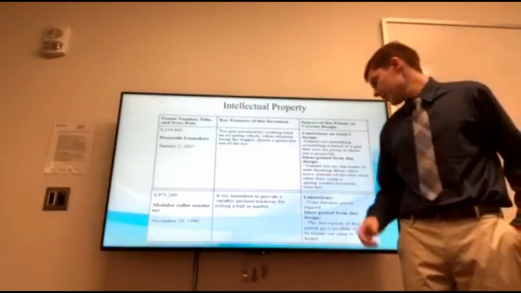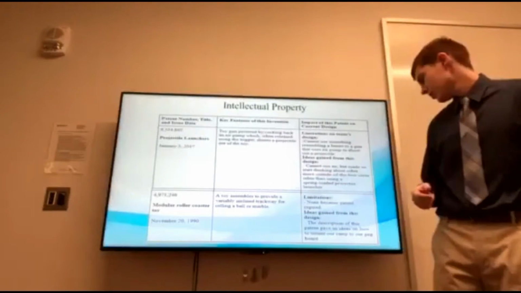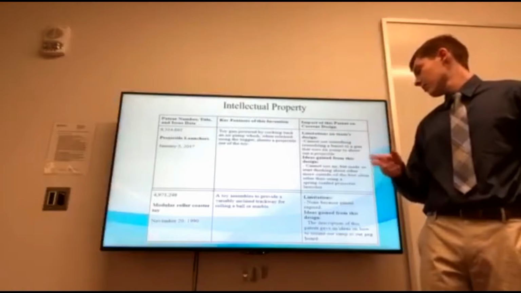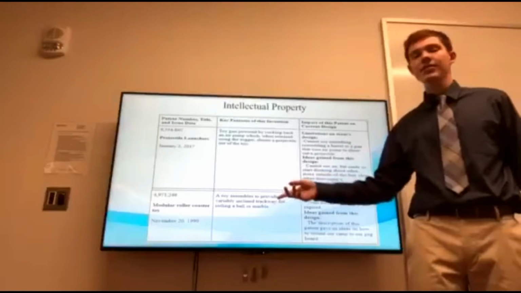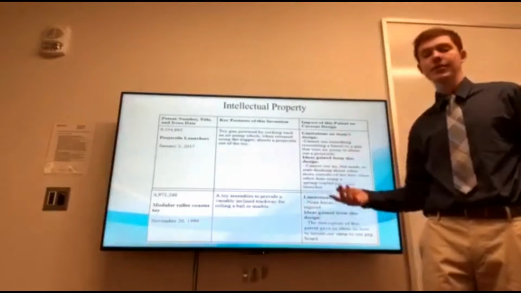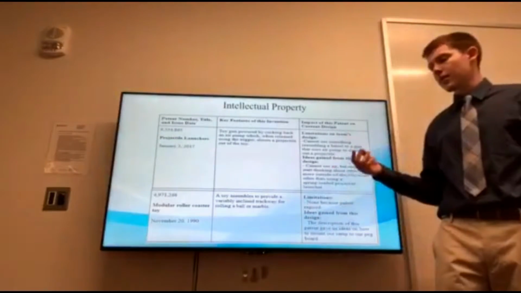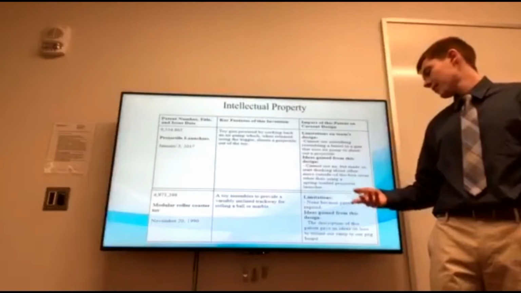For the modular roller coaster, we were allowed to use whatever we wanted. This just gave us ideas on how to mount it onto the pegboard for our final project.